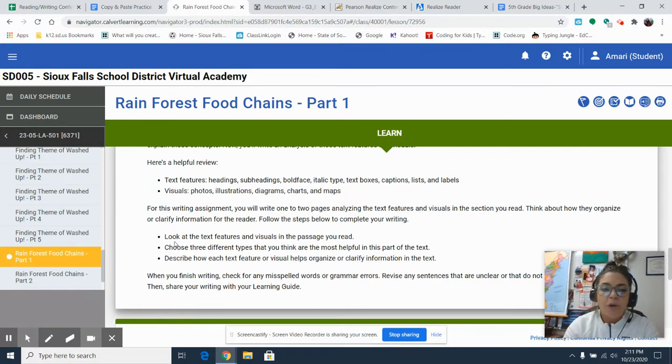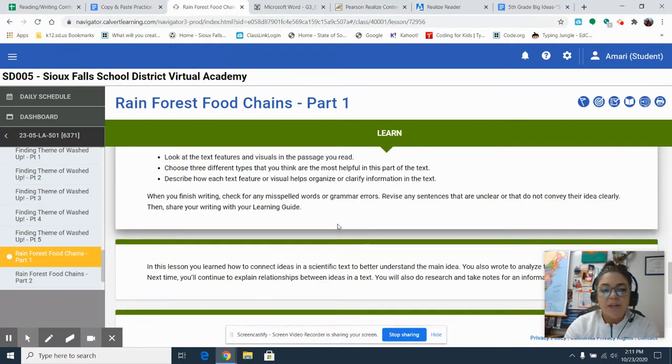And this is what you're going to do. You're going to look at text features and visuals in the passage that you read. Choose 3 different types that you think are the most helpful when you read a science book. And then you're going to describe how those text features or visuals help make the information you're trying to learn easier to understand.